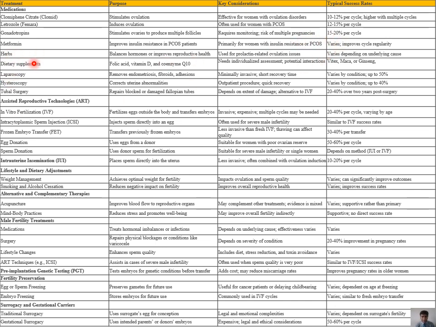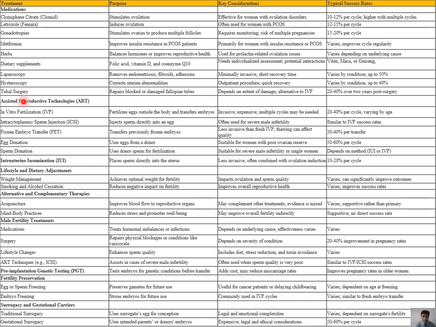There are certain herbs that are useful in balancing hormones, improving reproductive health, and regulating prolactin production. Then we have dietary supplements like CoQ10, coenzyme Q10, an antioxidant useful in oxidative stress management, folic acid, which is vitamin B9, and vitamin D, which need individual assessment.